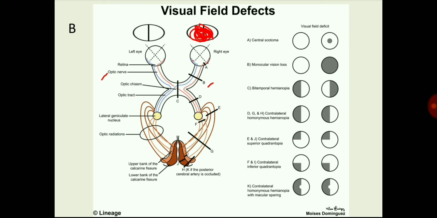It will cause loss of vision of the visual field of both right and left half of the right eye. So this condition is known as monocular vision loss, and this condition is mainly seen due to a condition known as optic neuritis, or inflammation in this region.